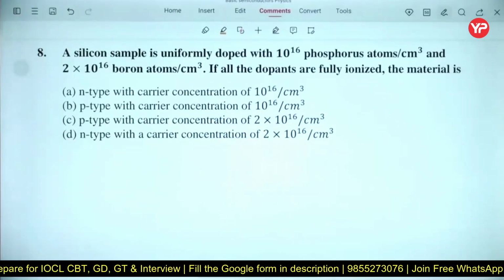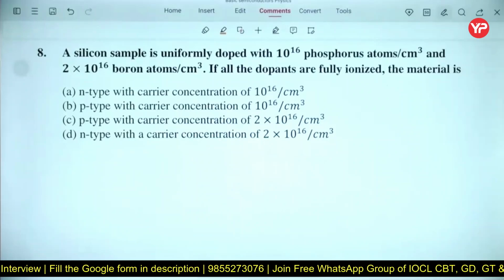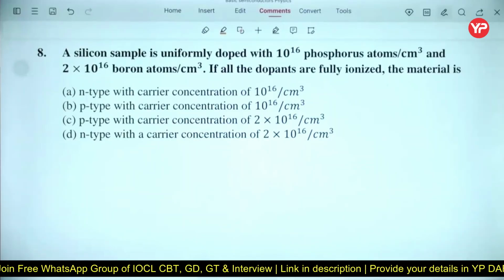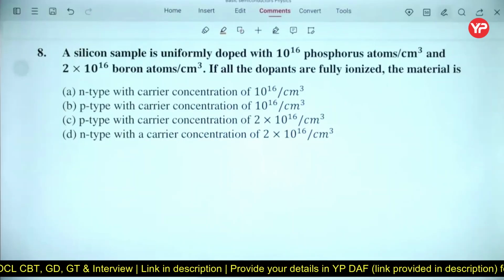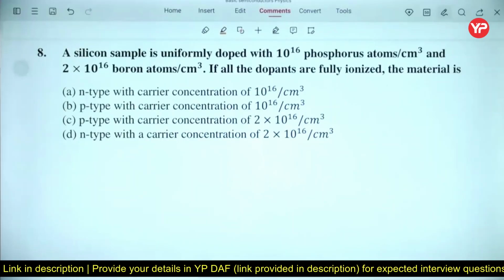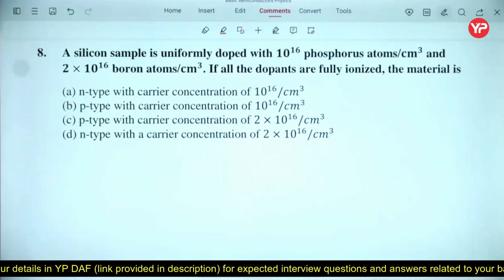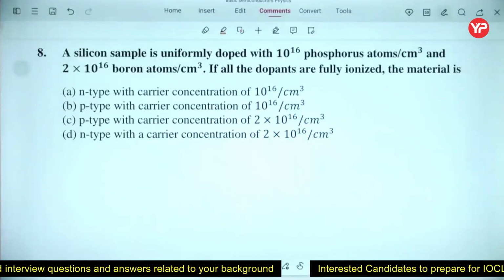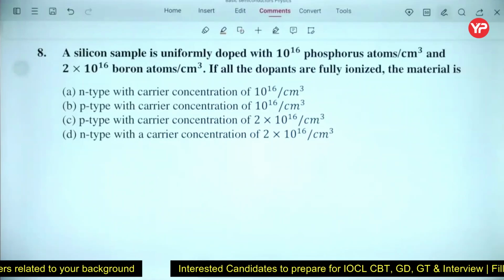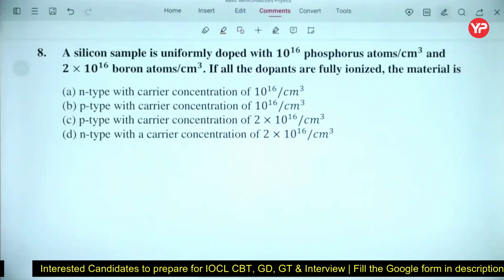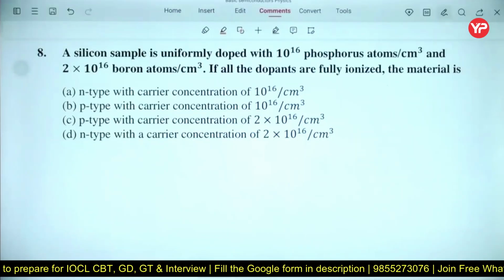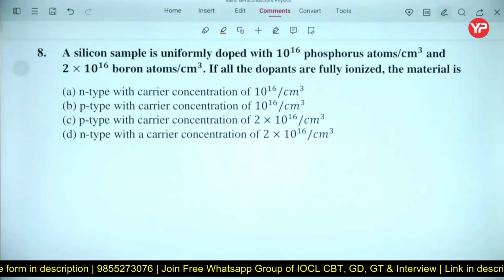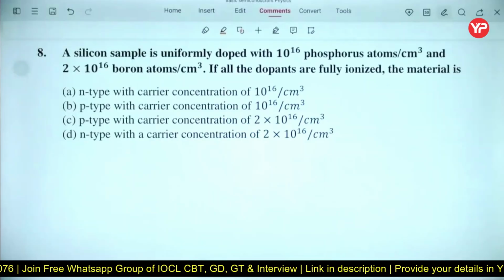Yes, what will be the answer? 10 to the power 16 per centimeter cube, p-type carrier concentration. Option B. Option B, good.